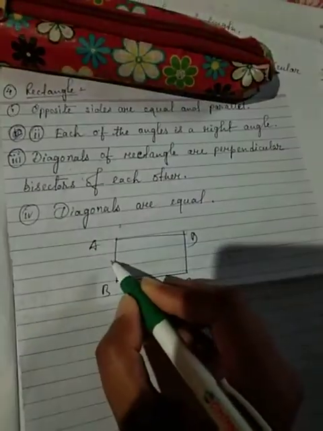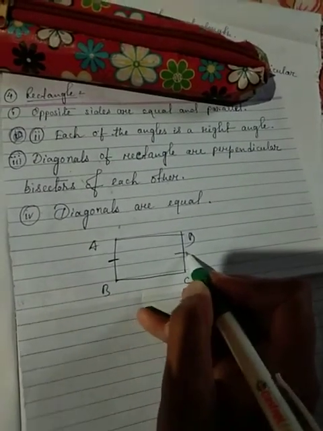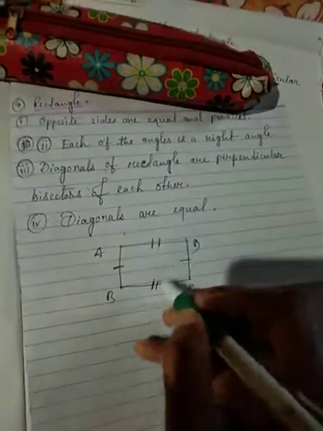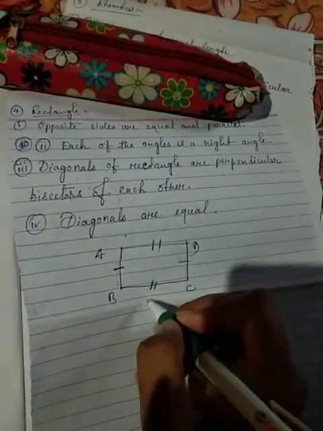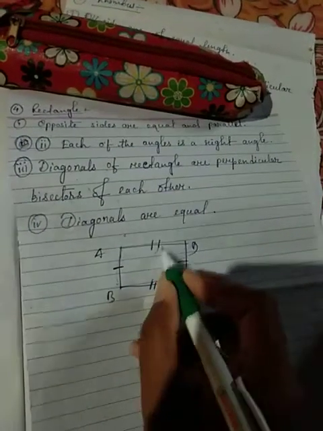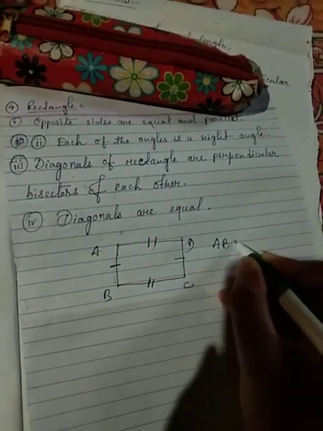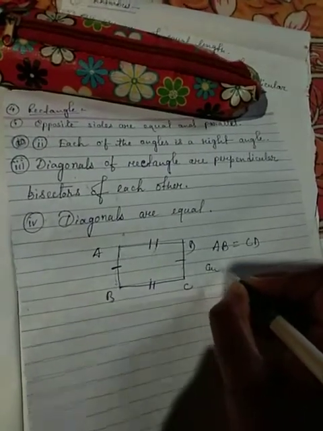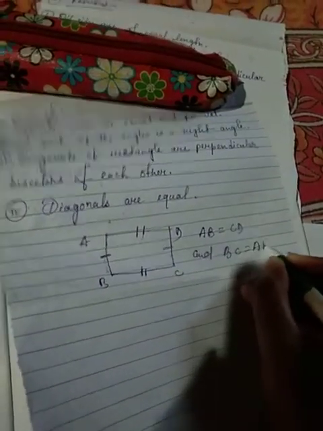See, side AB is equal to side CD and side BC is equal to side AD. Because AB's opposite side is CD, these two are equal, and BC's opposite side is AD, so these two are equal. That means here AB equals CD and BC equals AD.